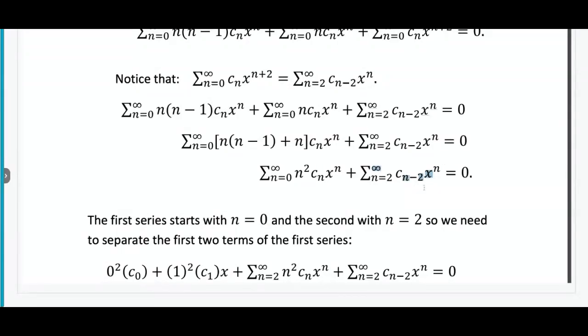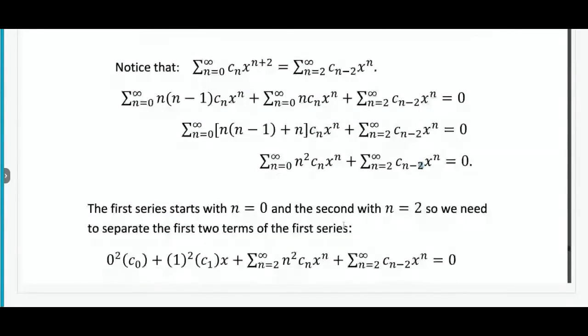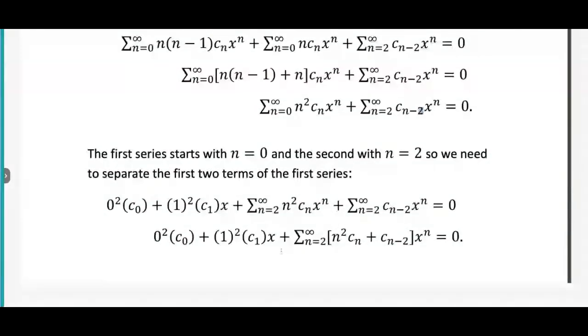We have x raised to 0, which is just 1. When n equals 2 and the second. So now, if n is 0, that's 0. So we are just left with this.